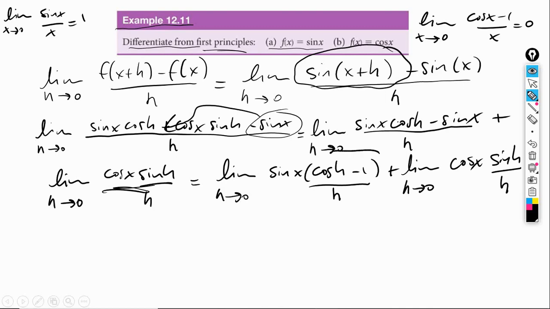So notice that this expression here, because we're doing the limit as h approaches 0, and sine of x acts like a constant because it has nothing to do with h, then this would equal 0, all right? Therefore, this expression equals 0. So we have 0 plus, and let's look at this other side. Remember that sine of x over x is 1 when x tends to 0.